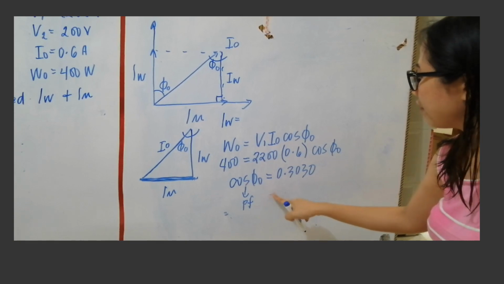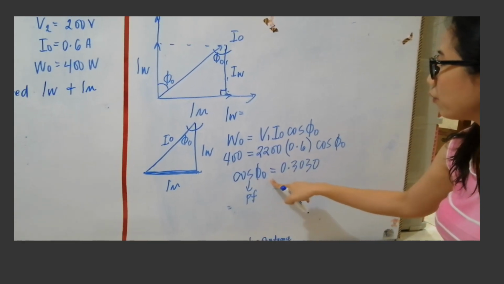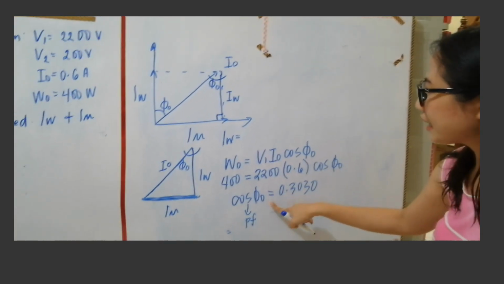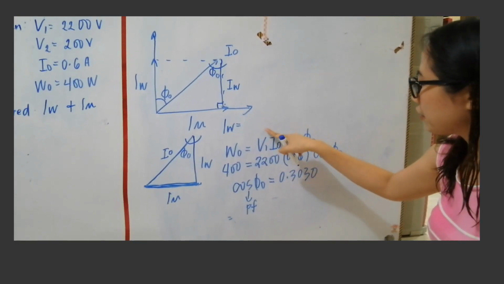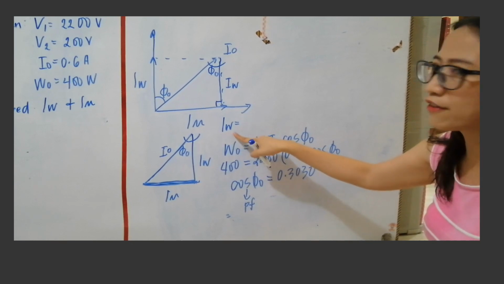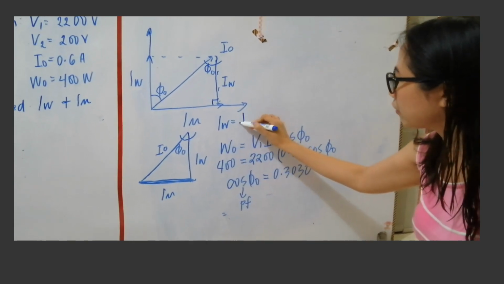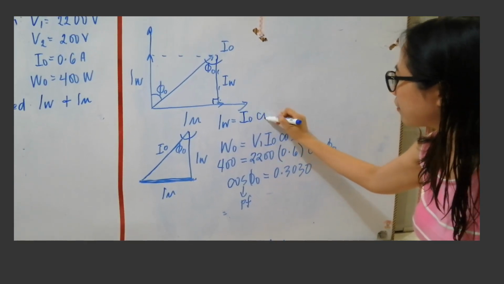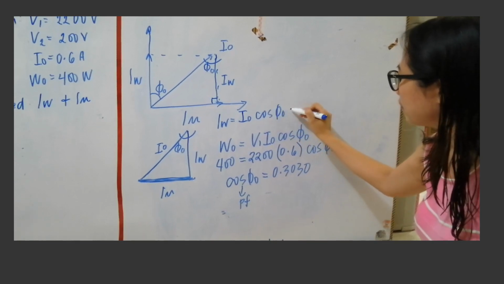Since we already have the cosine phi sub 0, we can directly substitute this value to our formula in computing for I sub W, which is equal to I sub 0 times cosine phi sub 0.